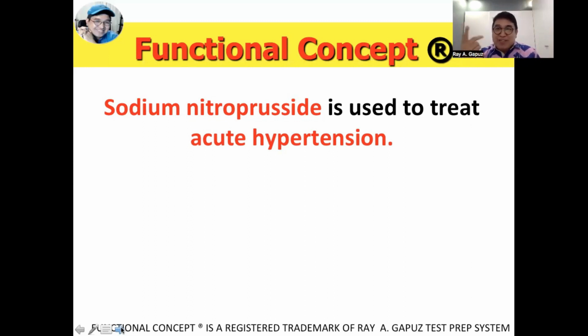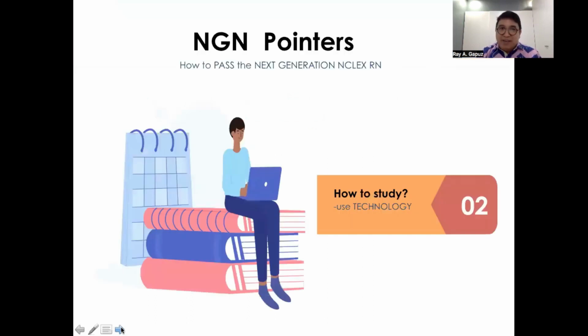So your priority vital signs would be the two important things, the pulse rate and then the blood pressure. Then the patient could have shortness of breath, chest pain, and decreased platelet aggregation, which simply means the medication can potentially cause bleeding.